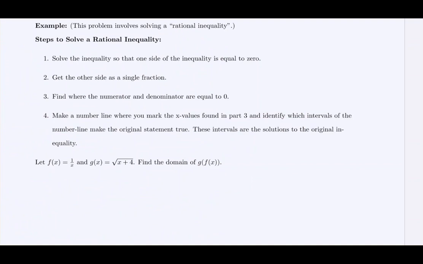Okay. Now, this next problem is similar in content. It's finding the domain of a composition, which we've been doing repeatedly. But specifically, the functions involved, when you compose them, in the end, you're going to have to solve a rational inequality. And what I'll say is solving something involving a rational inequality would not be on an upcoming quiz or exam.